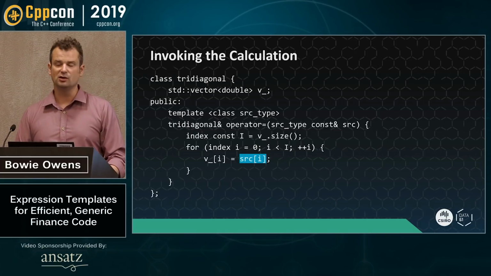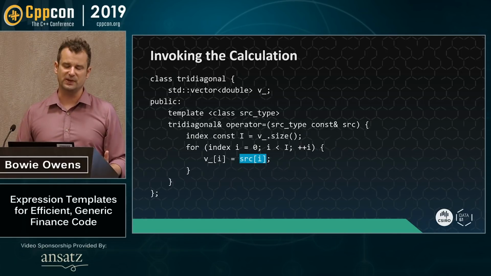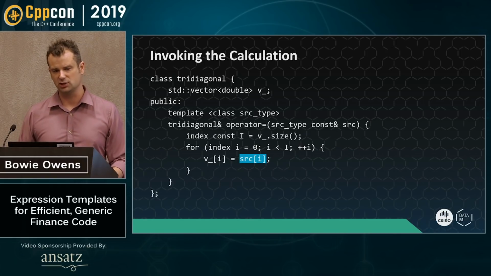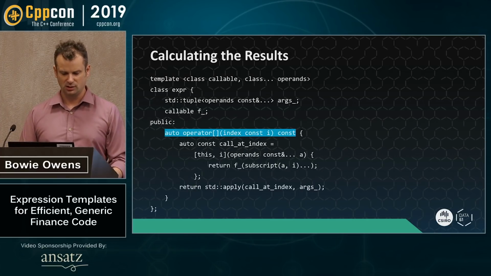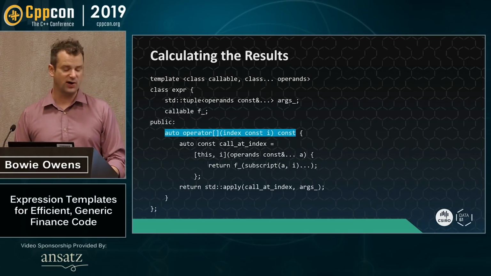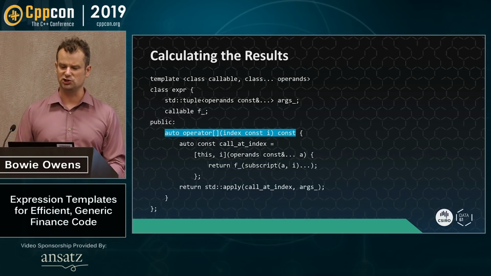So the operator square brackets on the source object is the piece that is actually going to do the calculation for each element. Okay, so now we need to define that operator on the expression type.